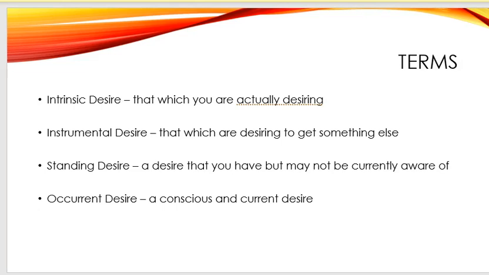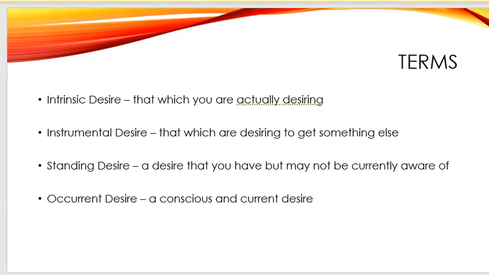You have a desire most likely to live a healthy and long life, but you might not be thinking about that all the time. So those would be your standing desires. You have a desire to live a long and healthy life, but it's not like you have to entertain that consciously in order to have that desire.